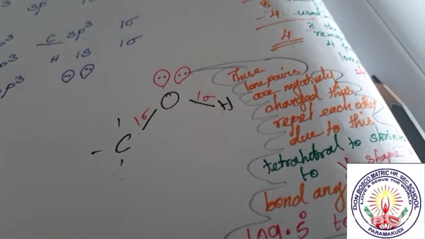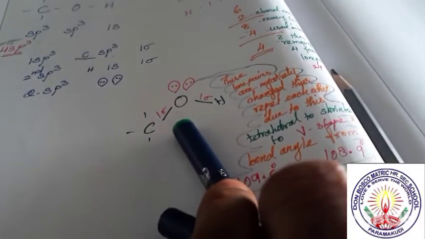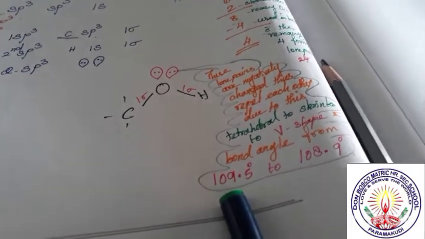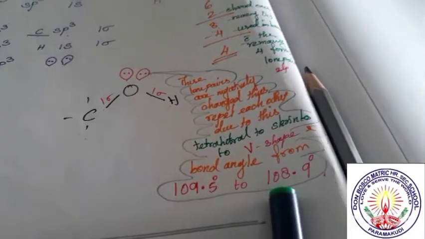Tetrahedral shape, and because the lone pairs are repelling, the angle is reduced, so the bond angle goes from 109.5 degree to 108.9 degree.